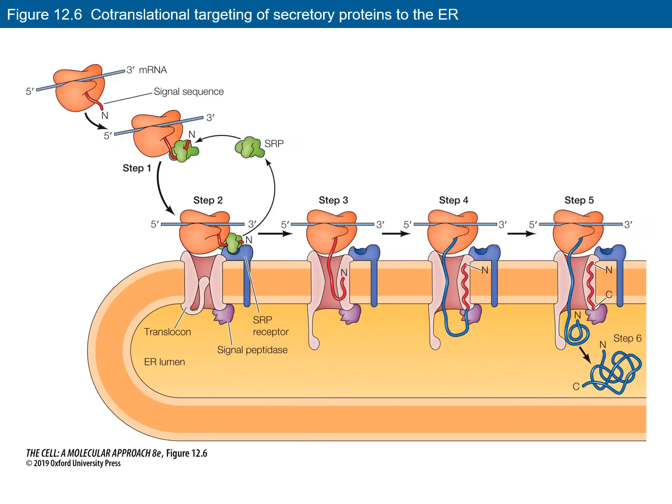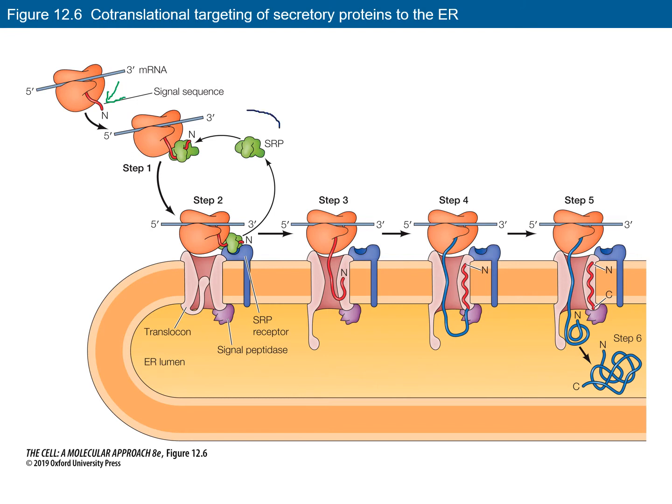So in this case here, ribosomes are translating a small part of the protein that we can see coming out of the ribosome here. The first part of that protein is the signal sequence, and that small signal sequence is recognized by SRP.